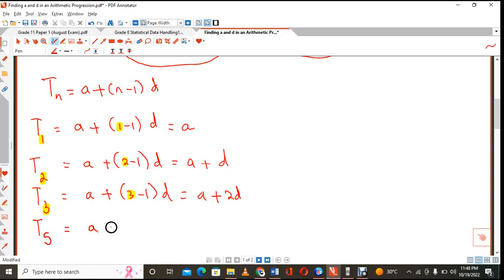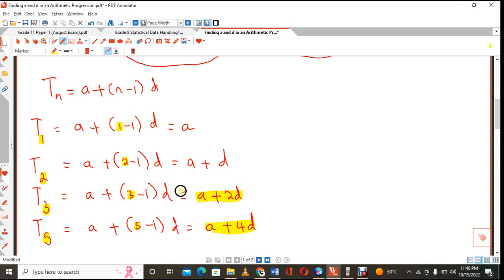That will be A plus 5 minus 1 times D, which means it's always one less. So this here represents the fifth term. So that's what we know. What do we know from our information? We know what the fifth term is. We know what the third term is.